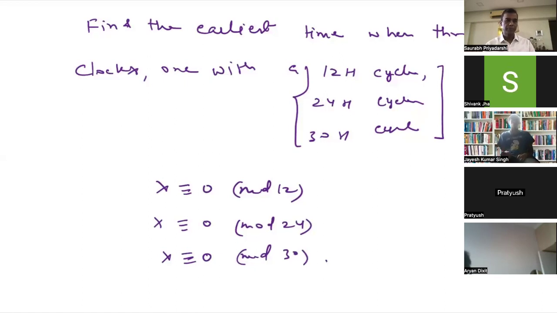Right? Obviously the LCM of 12, 24, and 30 will give you the answer, because this 0 is going to hold in each of the cases. So the LCM of 12, 24, and 30 will be 120, I guess.